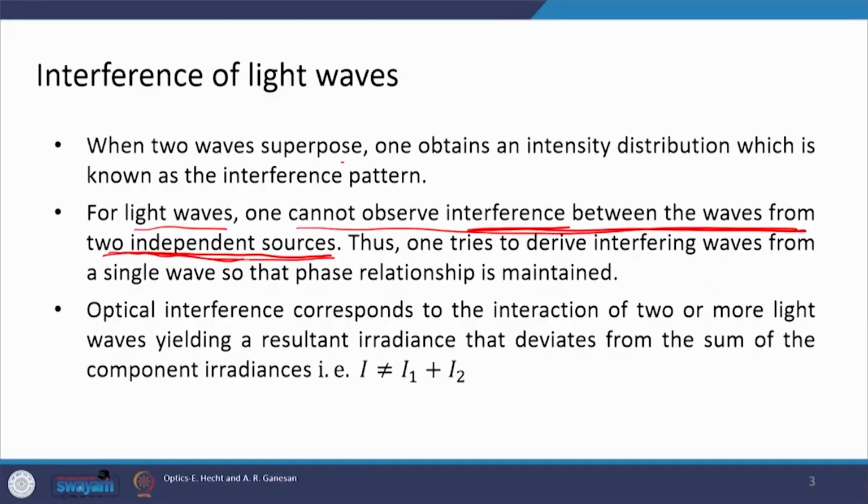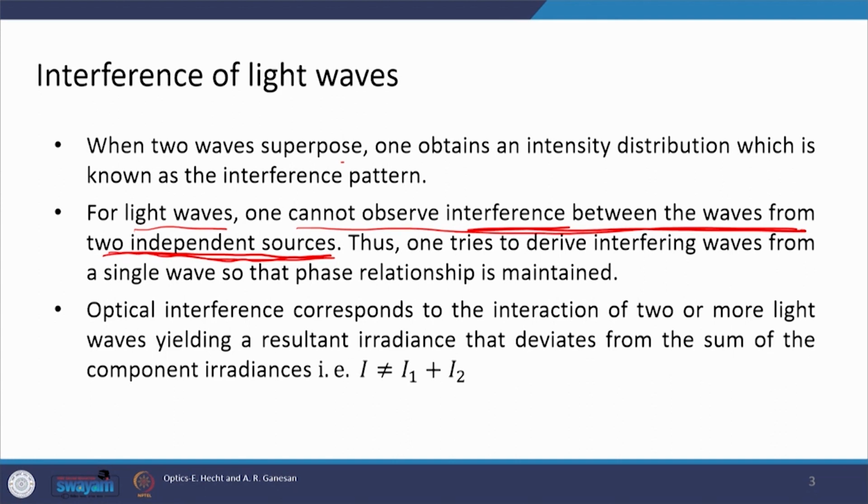But usually at junior levels we say that as long as the two sources are coherent, then only we observe interference. But the truth is that, irrespective whether the sources are coherent or not, irrespective whether their frequencies are very closely placed or not, the waves will always interfere.